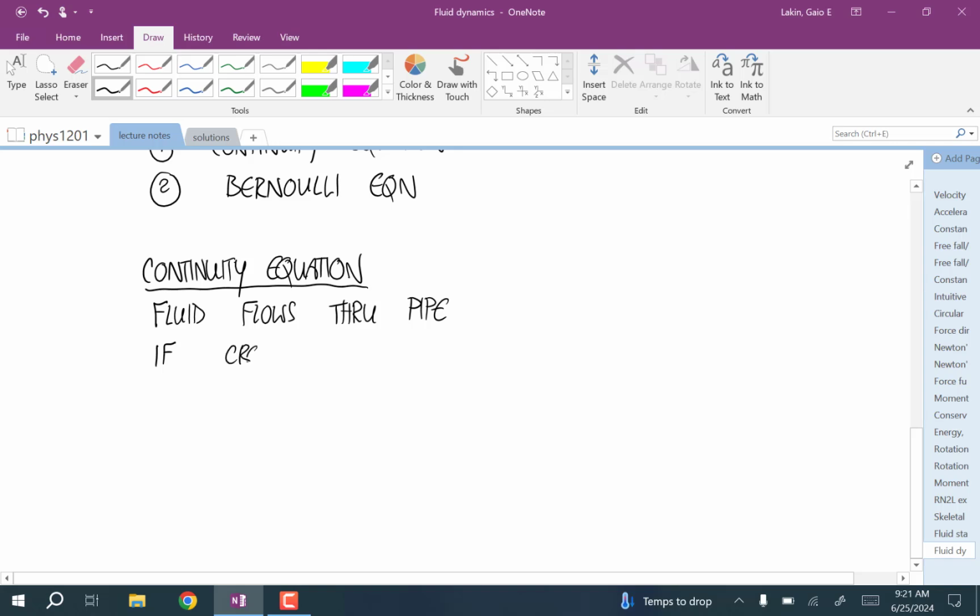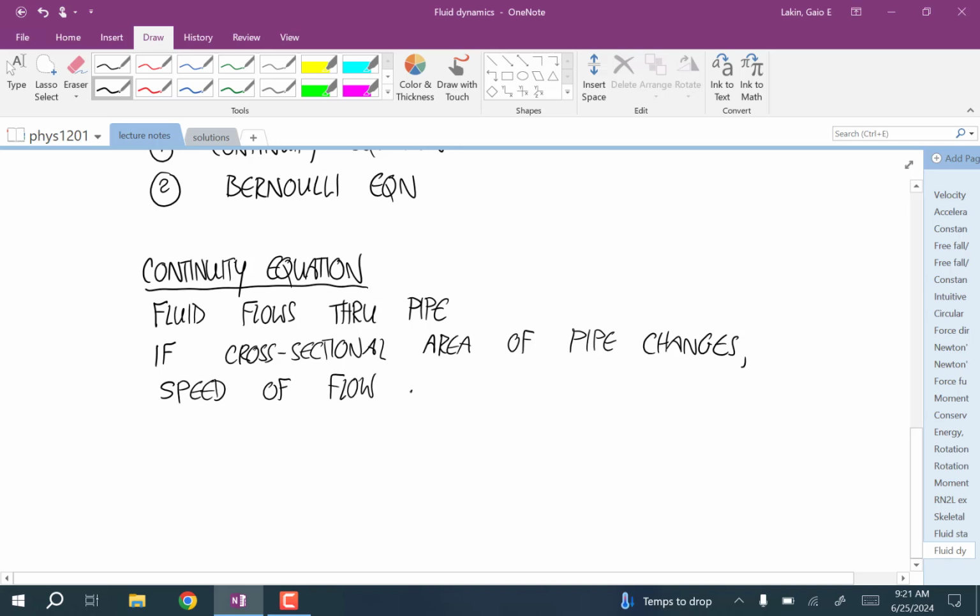If the cross-sectional area of the pipe changes, the speed of the fluid flow has to change also. So the speed of the flow also changes to keep the volumetric flow rate constant.